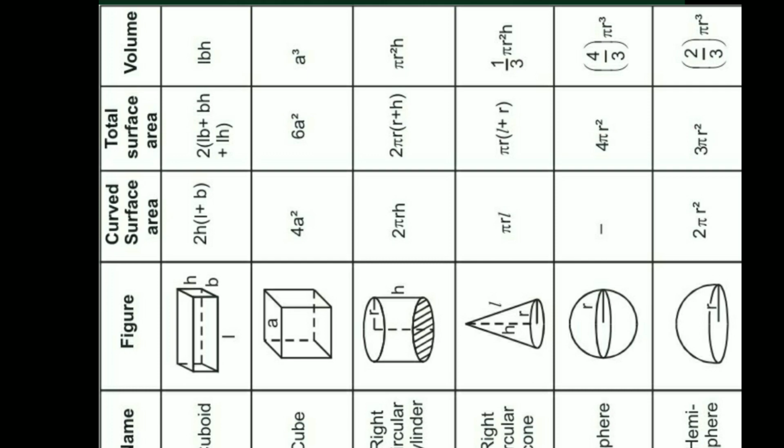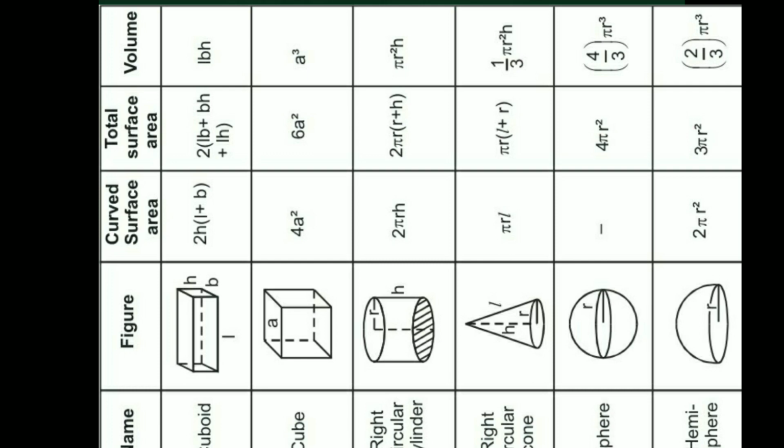And the volume will become pi by 3 into H into R1 square plus R1 R2 plus R2 square.